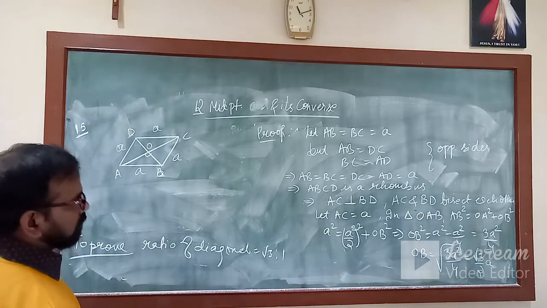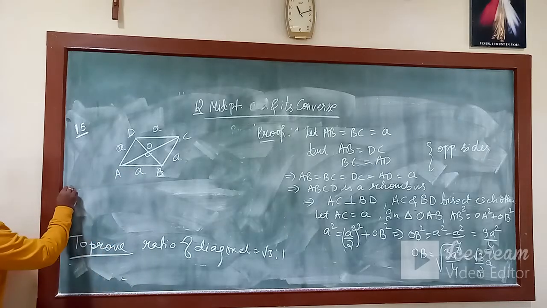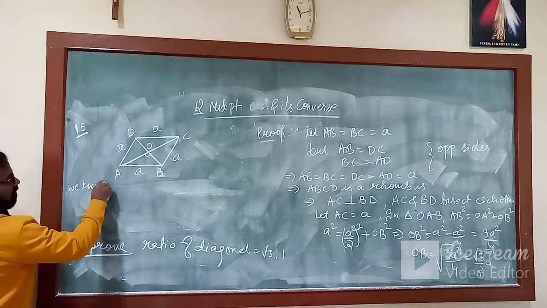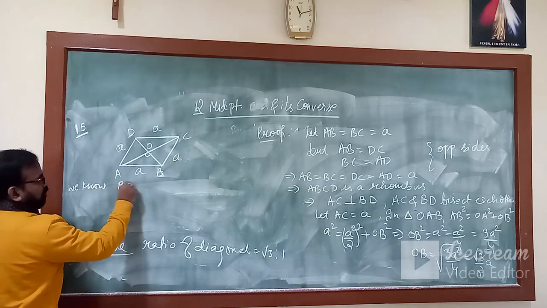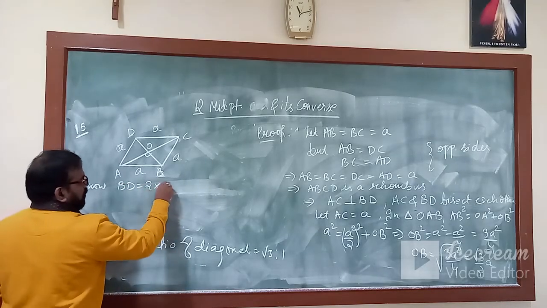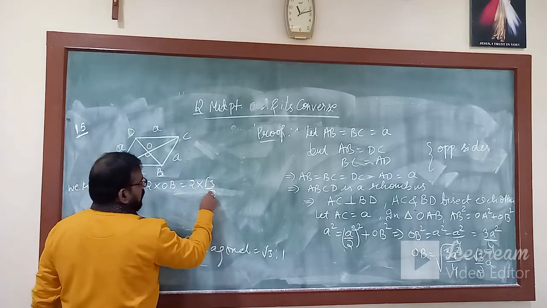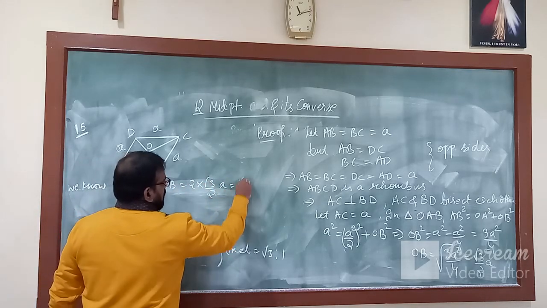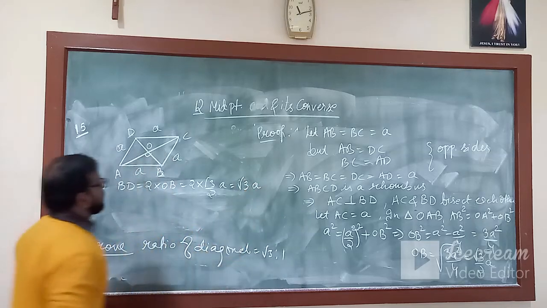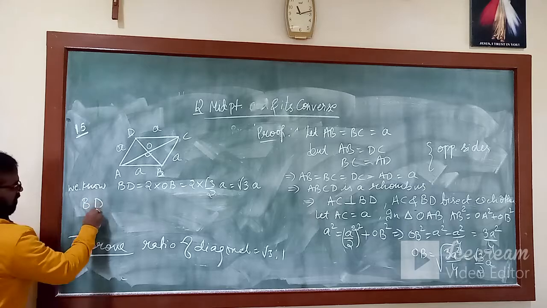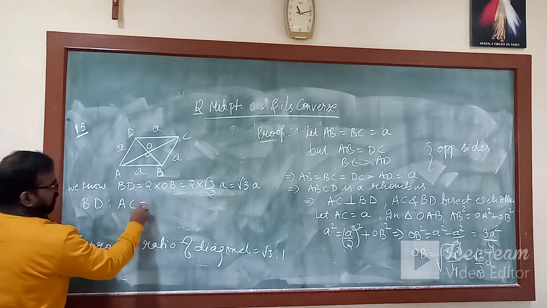So OB is root 3 by 2 A. We know that BD equal to twice OB, because diagonals bisect each other. So 2 into root 3 by 2 A, that is root 3 A. So what is BD is to AC now?